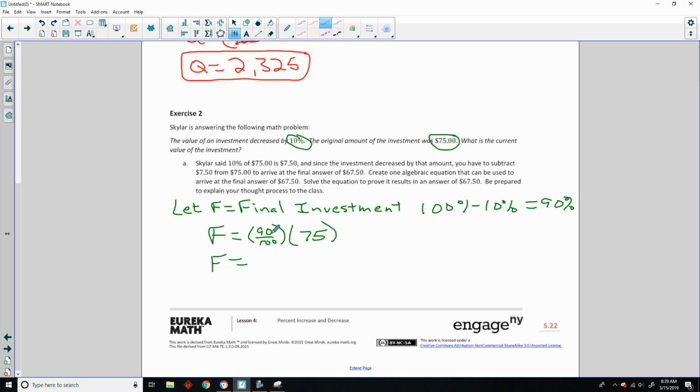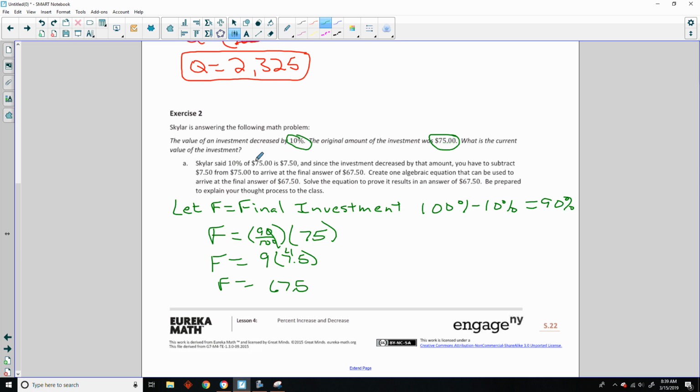Okay, so this can reduce to 9/10. So that would be the same as saying 9 times 75 divided by 10. And then the final would be 9 times 5 is 45, carry the 4, 9 times 7 is 63, plus 4 is 67.5. So the final value of the investment would be $67.50.